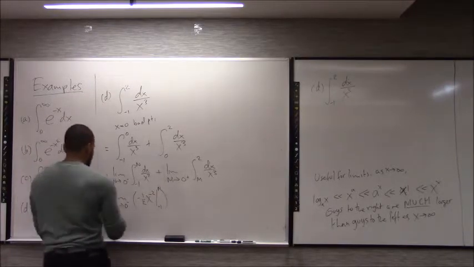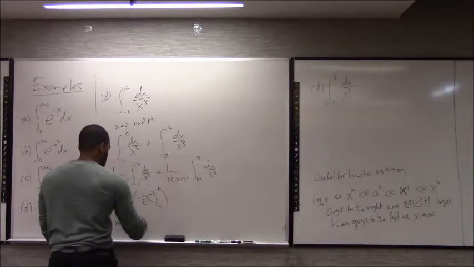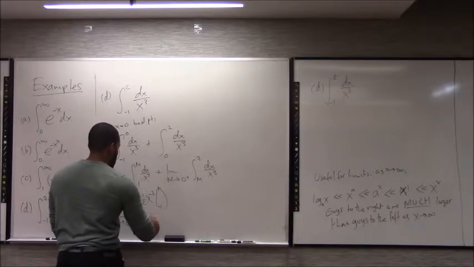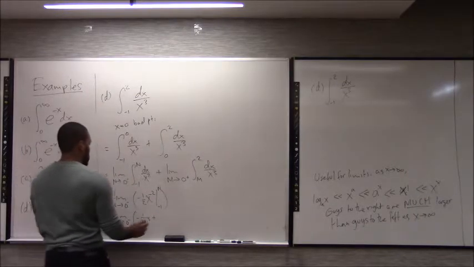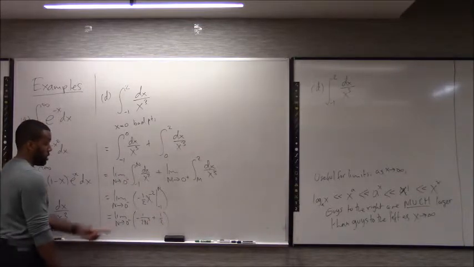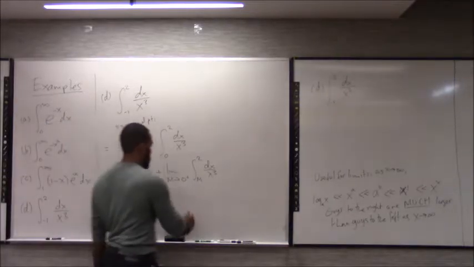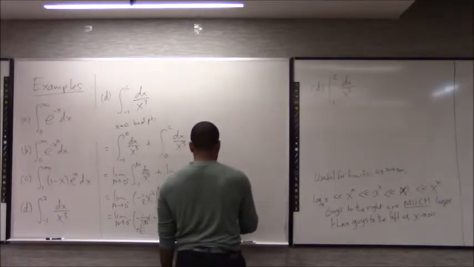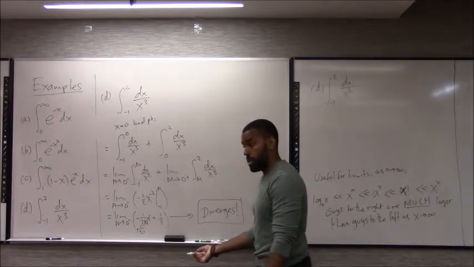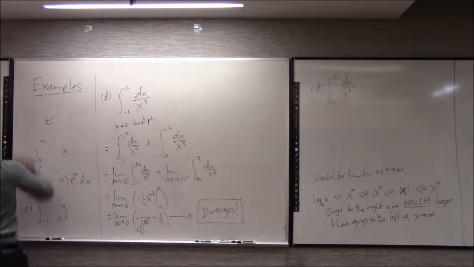So basically here I will have the limit of minus 1 over 2n squared plus a half. Now of course, as n is going to 0, that's going off to infinity, so the whole thing diverges. What this guy's doing doesn't matter. Okay, so we have that.